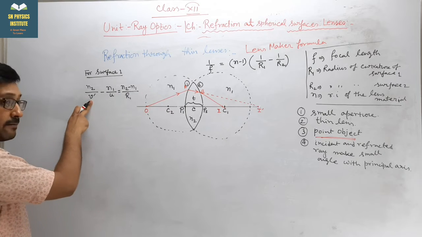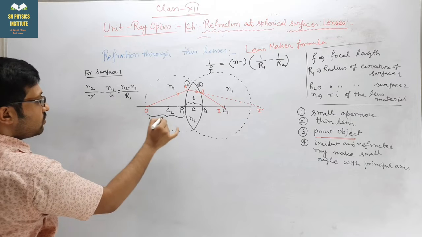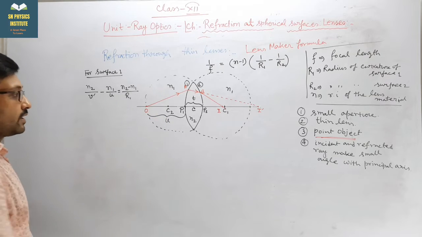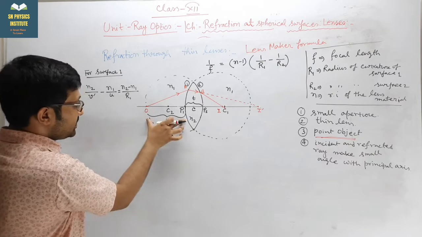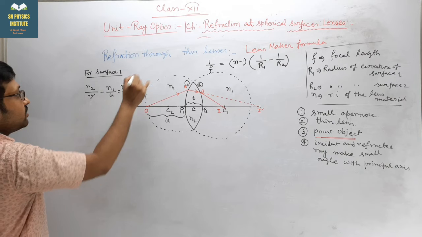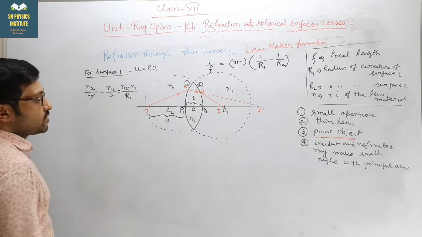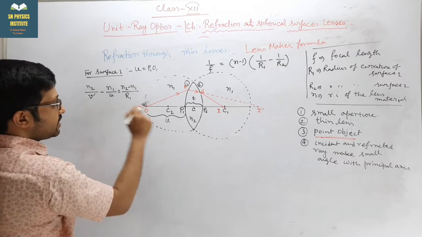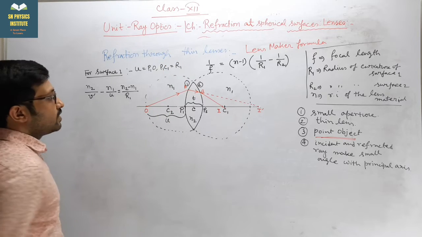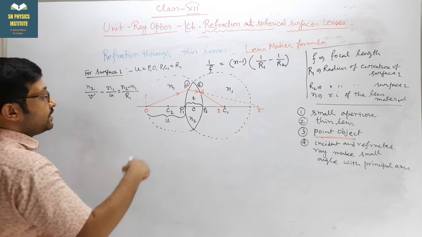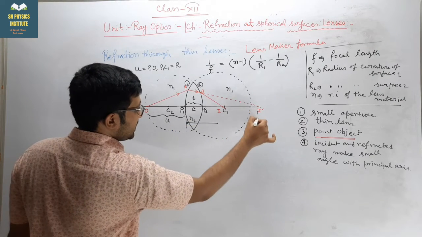Now what is this v prime? U is your P1 to O, this is your object distance. So for surface 1, u is equal to P1O. Now the radius of curvature is P1C1. And the image distance is from P1 to I prime if the second surface does not exist.